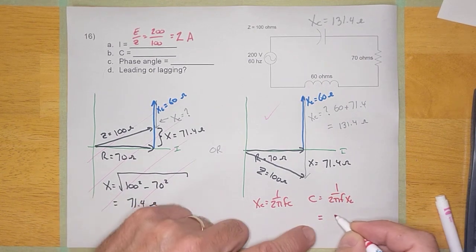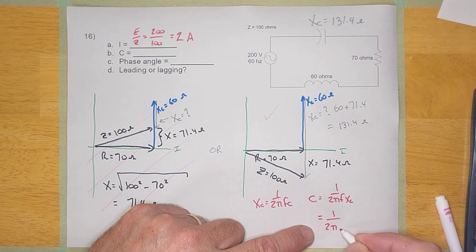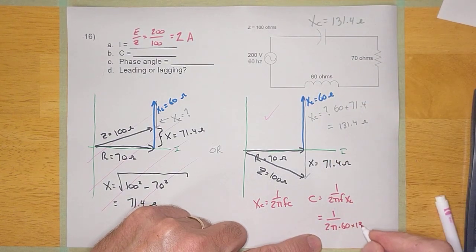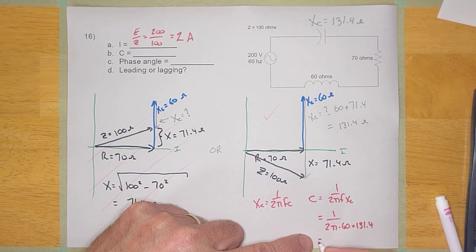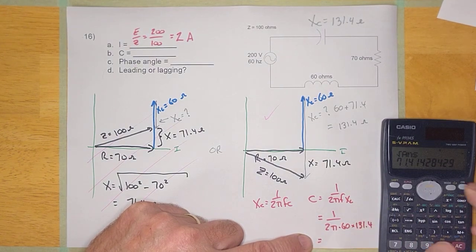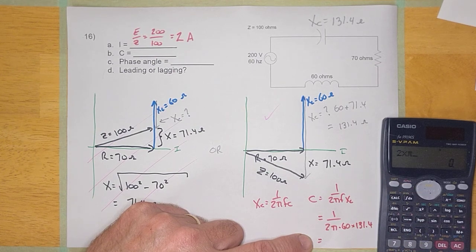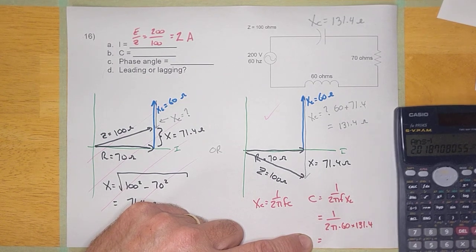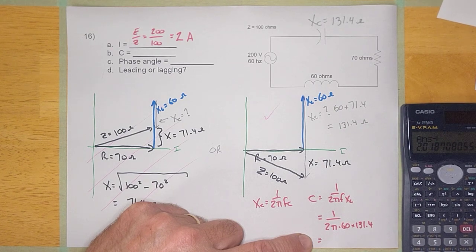And if I do that, it's 1 over 2 times pi times 60 times 131.4. Let's calculate that for a second here. 2 times pi times 60 times 131.4 equals, 1 over x equals, did I do that right?